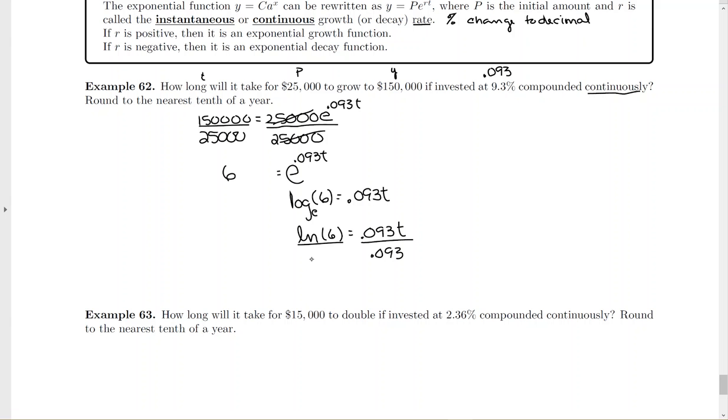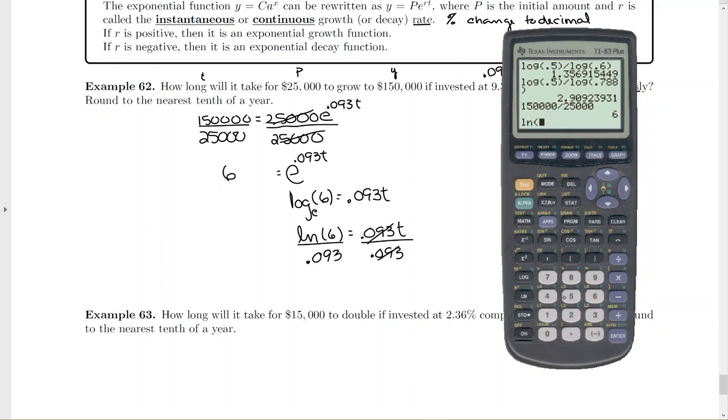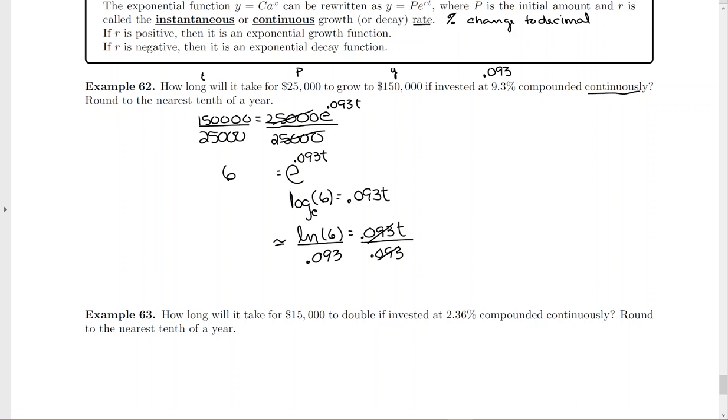Now they wanted a decimal approximation, so we're not going to waste a whole lot of time on the exact answer, but just go right to our calculator. Take natural log of 6, so you're using the ln button now, divided by 0.093. And to the nearest tenth of a year, it's going to be about 19.3 years. Make sure you put your unit label on there.